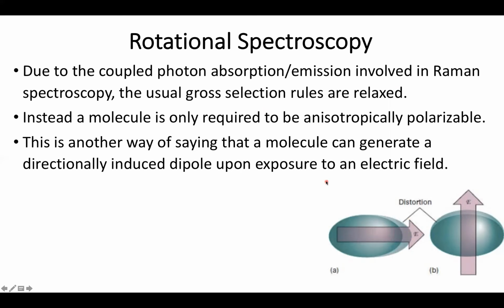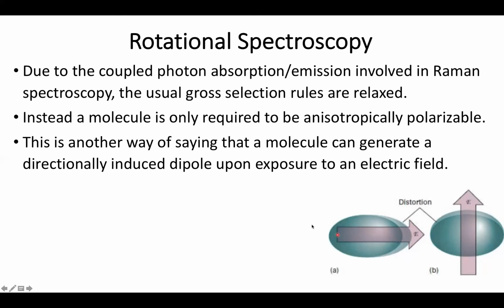Essentially it is telling us that I apply an electric field, I generate a dipole. We most commonly know this as a polarizable system. Think about things with an induced dipole. If you can do that, you're generally anisotropically polarizable.